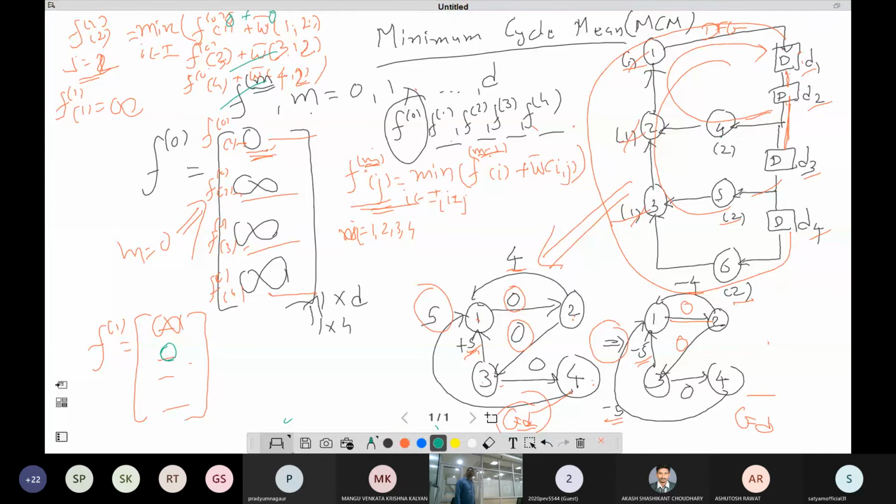Okay. Now put f of 1, 3 where j is equal to 3. Again you need to solve this. I believe you can do it. Just try it out. Yes, MTech, please try it out.